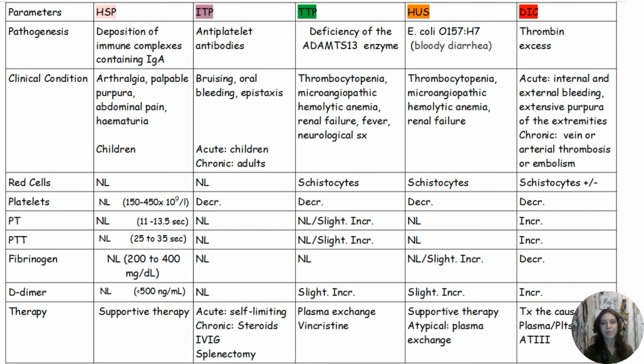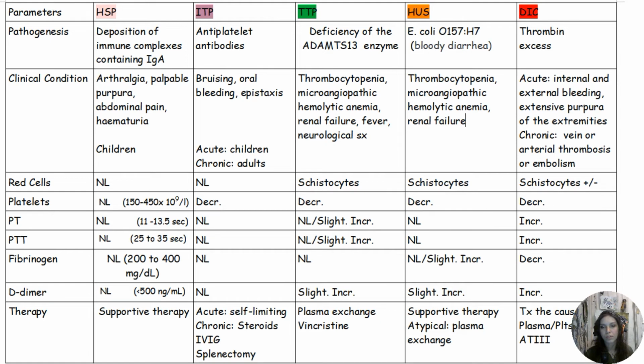And now let's talk briefly about HUS and DIC. For HUS, there is a typical and an atypical form. Typical is usually in children after diarrhea caused by E. coli, and there is thrombocytopenia, microangiopathic hemolytic anemia, and renal failure. The treatment will be just supportive because this condition is self-limiting.